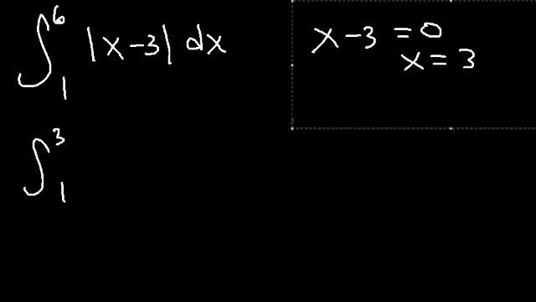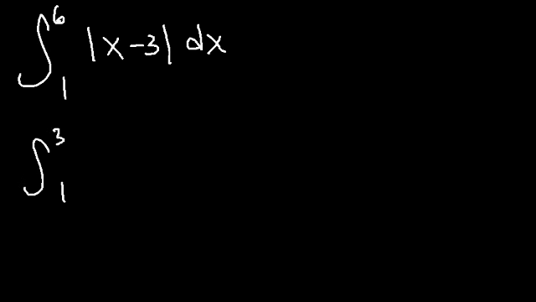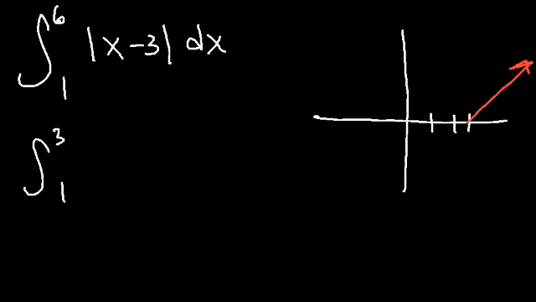Now let's graph this expression. This graph has been shifted 3 units to the right. The absolute value function is basically a V shape. Notice that the equation for the right side is x minus 3. It has a positive slope. For the left side, it has a negative slope.